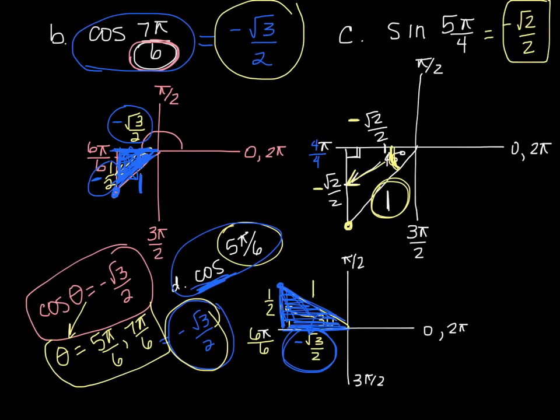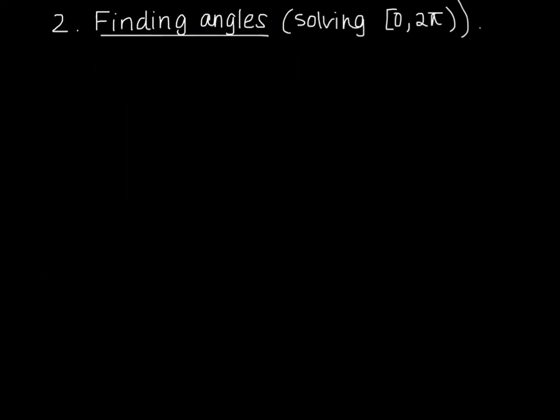So let's talk about that solving. Go to some angles, and let's start with something like number 1: sine of theta equals radical 2 over 2.